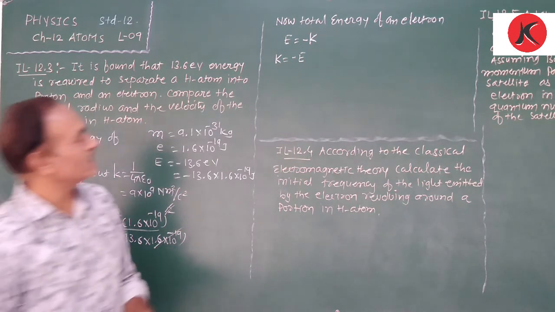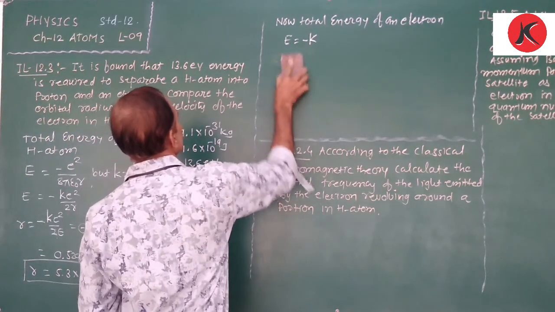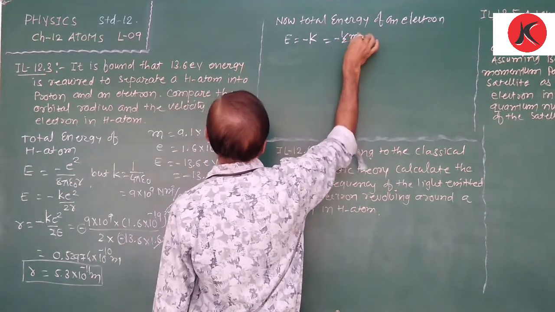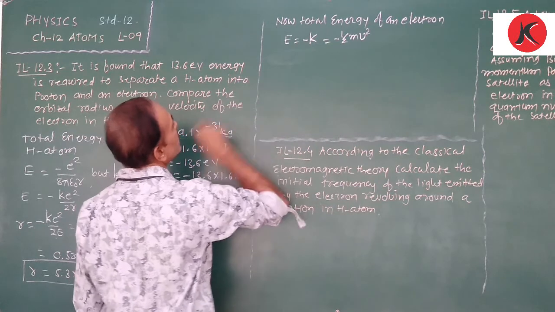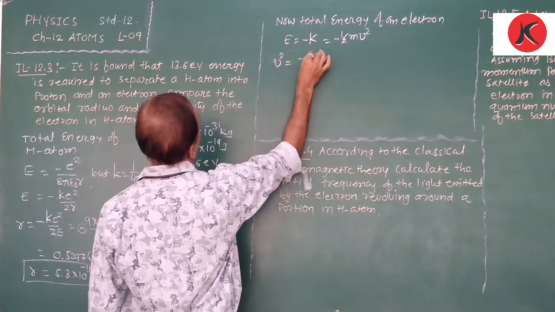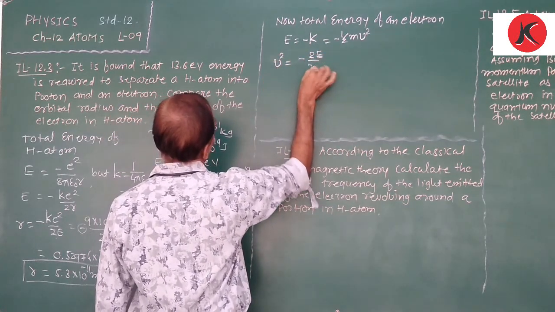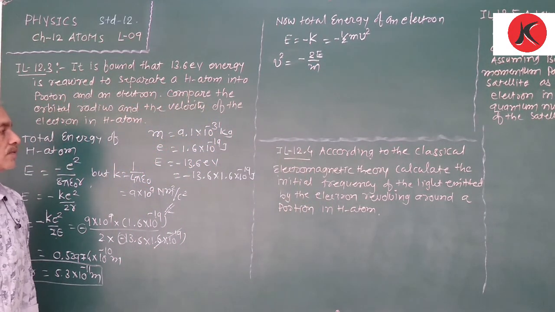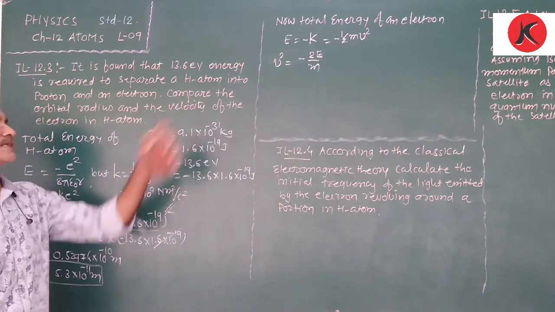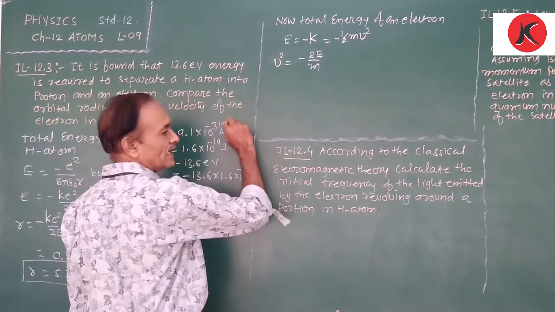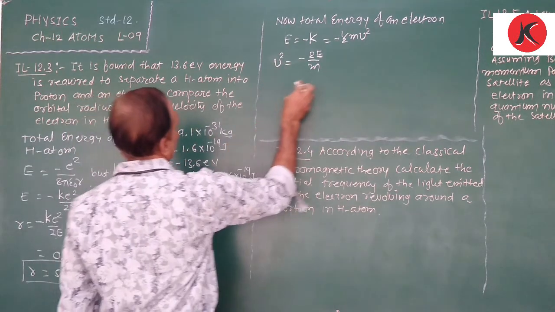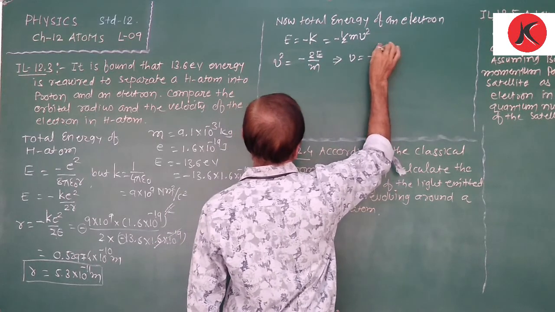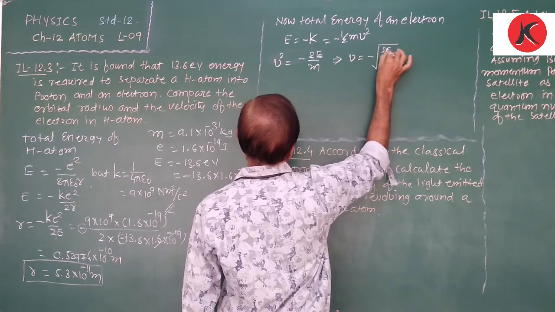So minus E is equal to half m v square. Therefore, v square is equal to minus 2E upon m. Here we substitute the value of total energy and the mass of an electron.